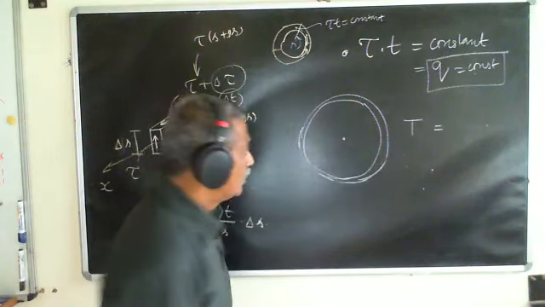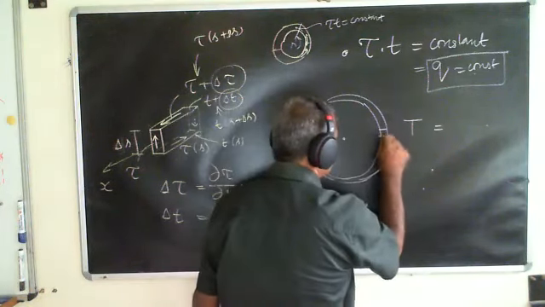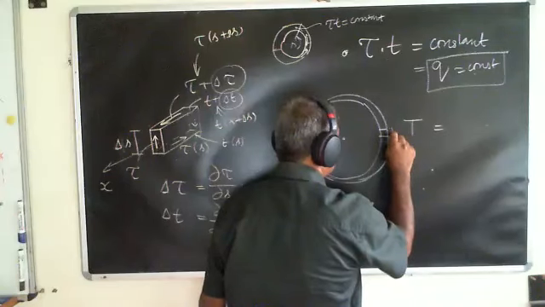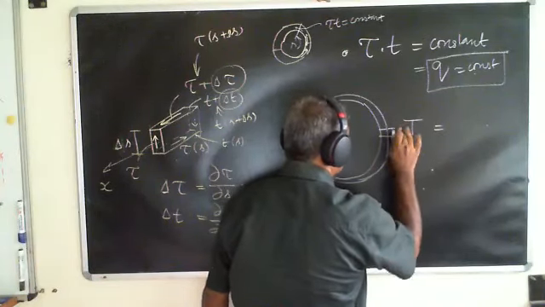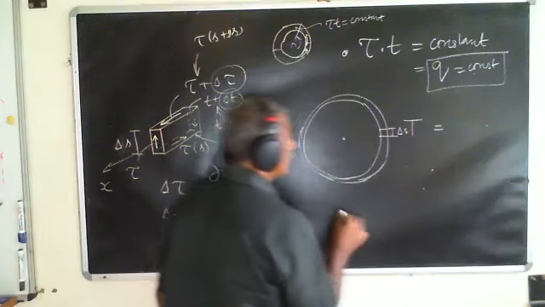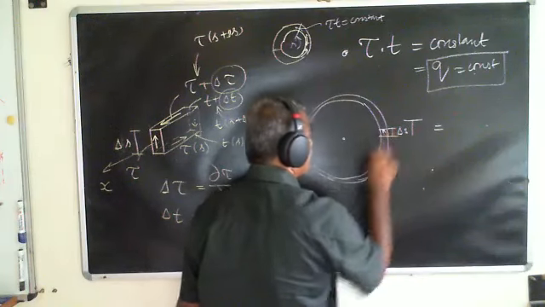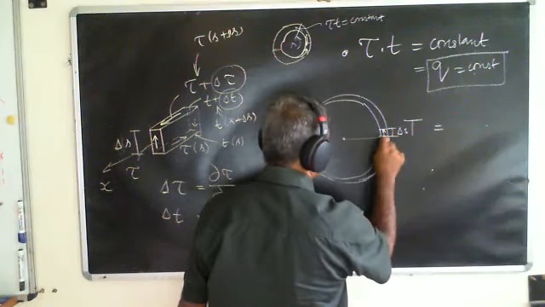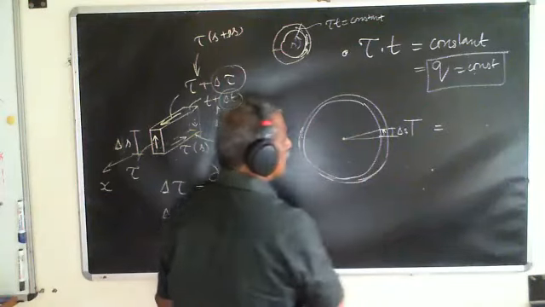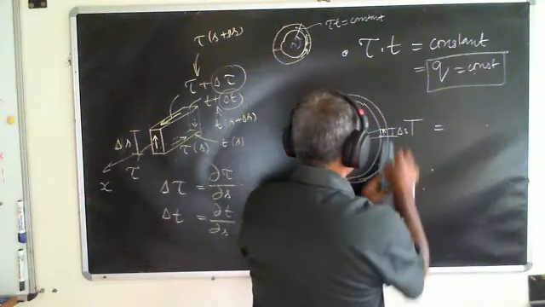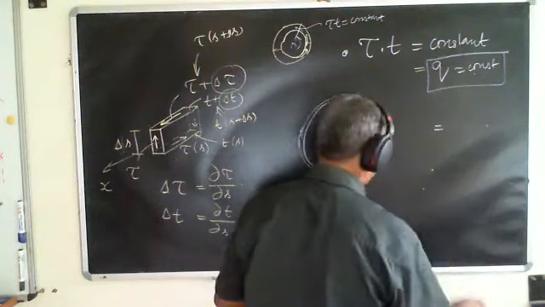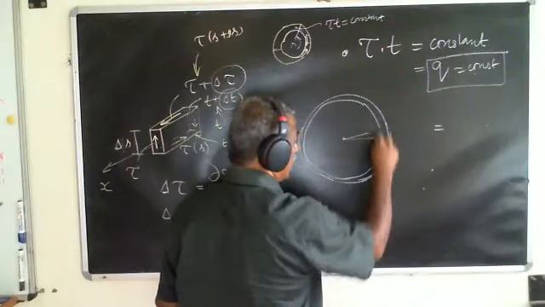Are you with me? So for example, if I take a small elemental length delta S here, right? And the shear is acting over like this, right? And let's say this is the, I'm going to make it bigger so that it's possible for you to see, okay? So let me take it like this.